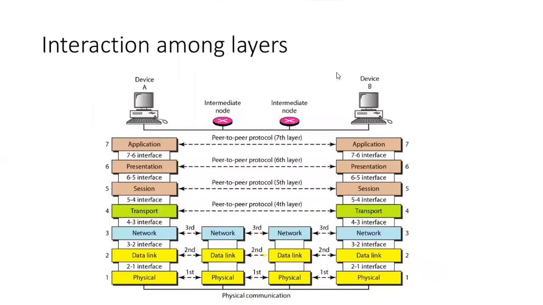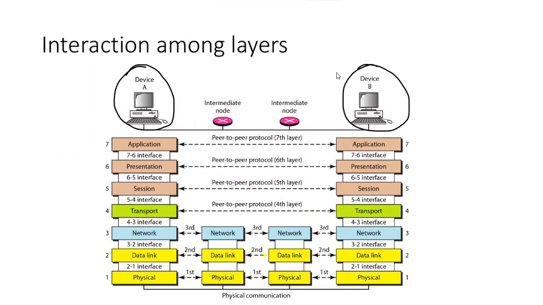So how do the layers interact among themselves? If you look at this diagram, there is a device A and a device B. A wants to communicate with device B. Very rarely will device A be directly connected to device B by a cable.